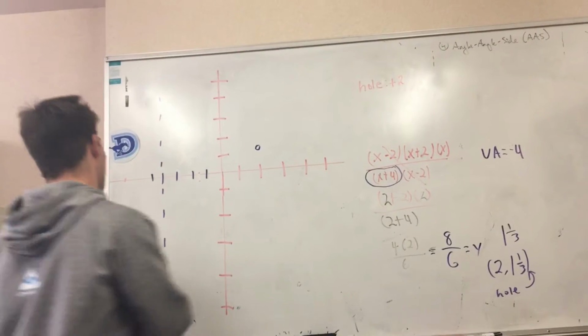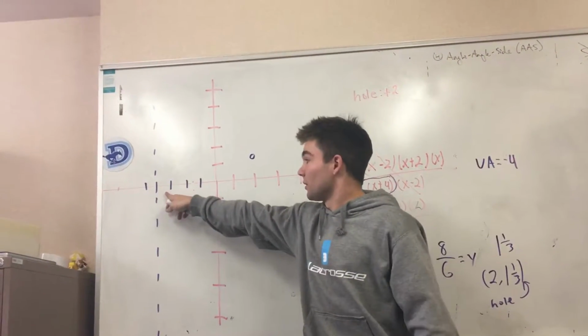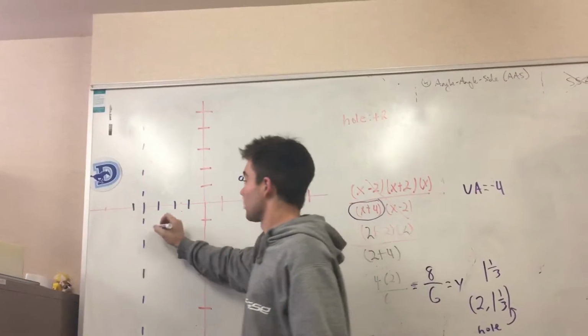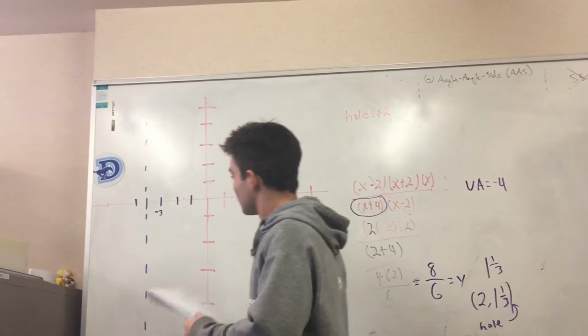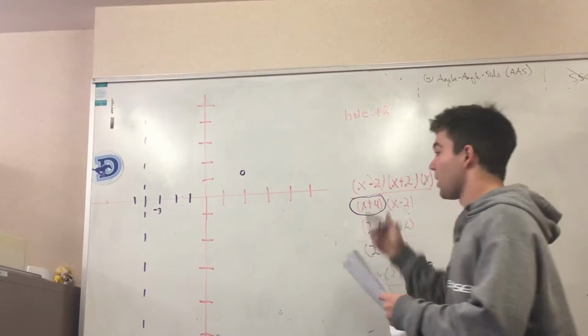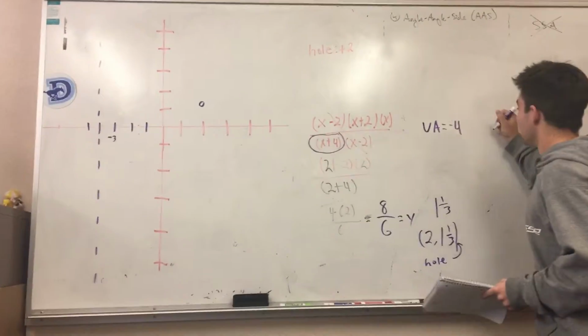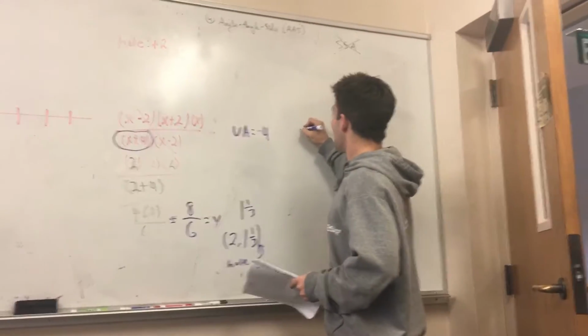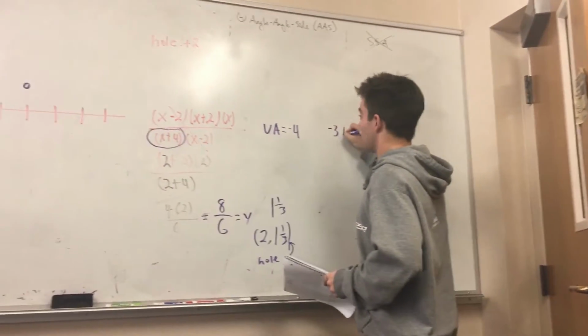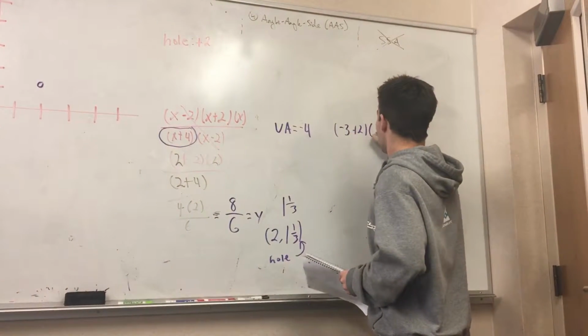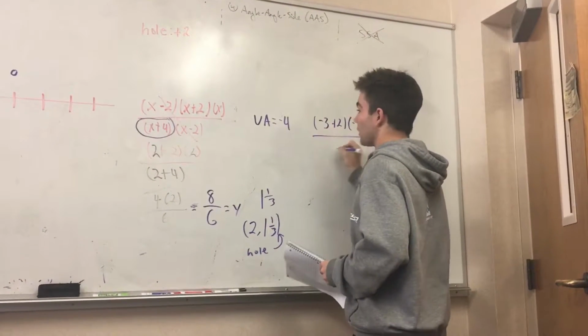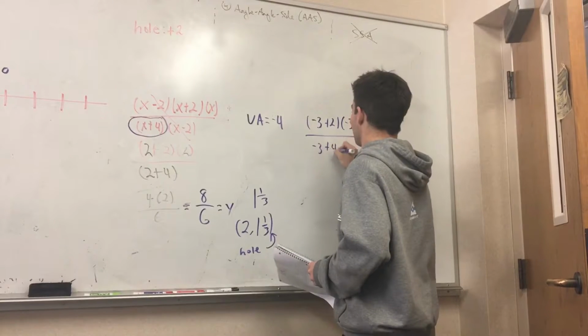The way we do that is we pick one to the left and one to the right of the vertical asymptote. We're going to start with negative 3, and plug that into our equation. Negative 3 plus 2 times negative 3 over negative 3 plus 4.